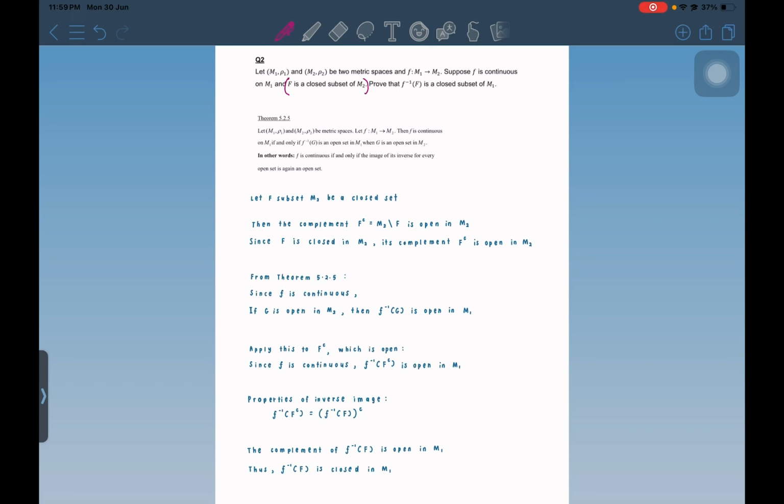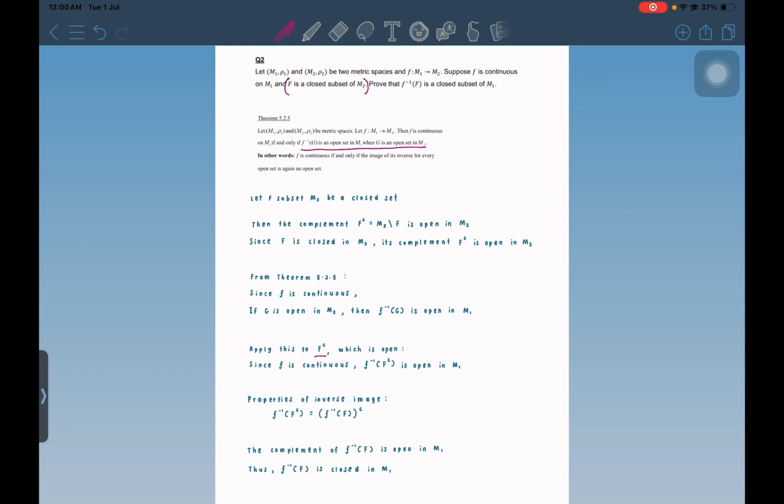Since F is closed in M2, that means its complement F^c is open in M2. So based on theorem 5.2.5, since f is continuous, we can apply this to the complement F^c, which is open. Since f is continuous, then f inverse of F^c is open in M1. So the property of inverse image is this. Then we can say that the complement of f inverse of F is open in M1.